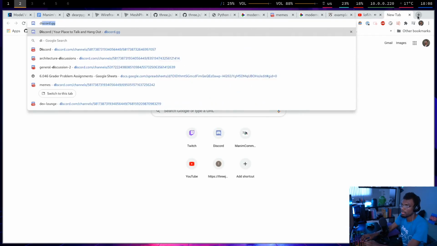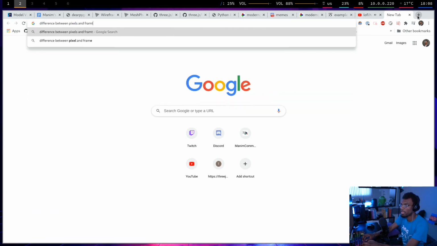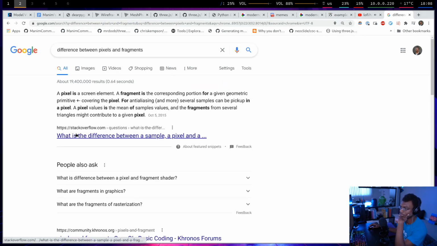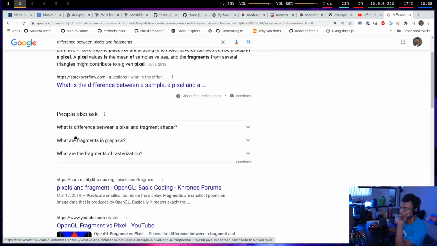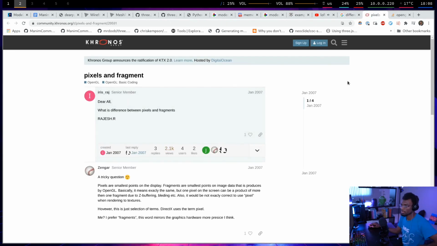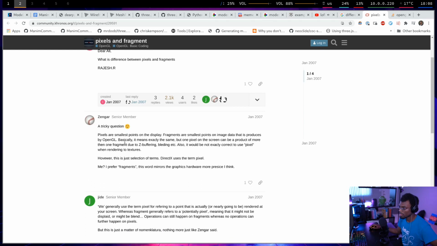So I want to get this difference right. Pixels and fragments.